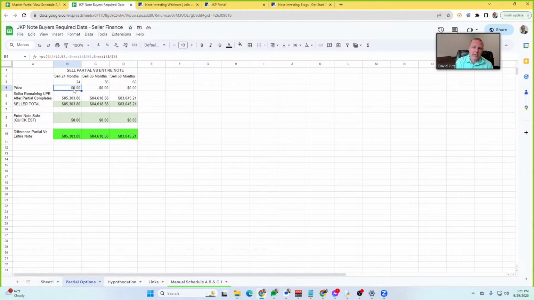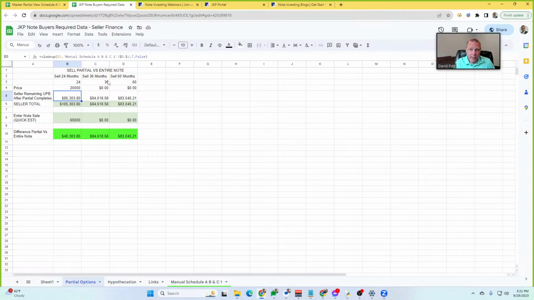So if we made this thing where we're going to buy it for 20 grand, right? And we would have bought it, say, for 65,000, we can literally tell the seller it's a $40,000 difference. Because at the time when this 24 months is up, the borrower still owes $85,000 in 24 months.